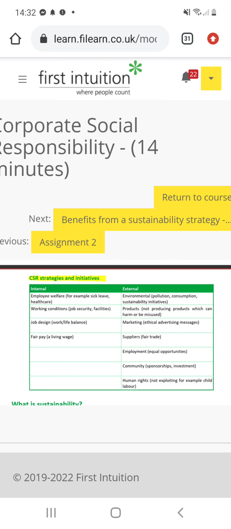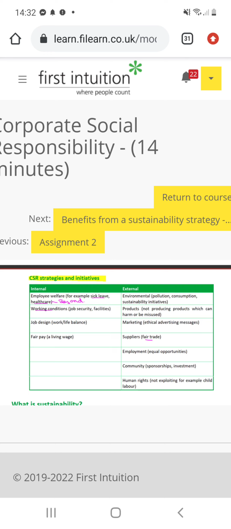We could follow the law in terms of sick leave, but we could go beyond that, perhaps with healthcare. We're going beyond statutory levels. We could improve working conditions, for example, the facilities offered to our staff, perhaps a subsidised gym and looking after staff well-being.